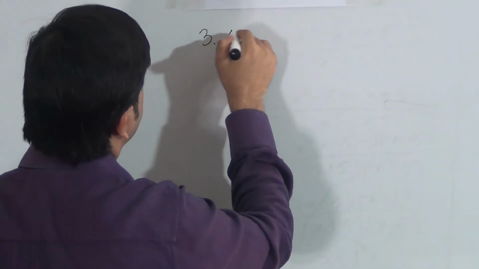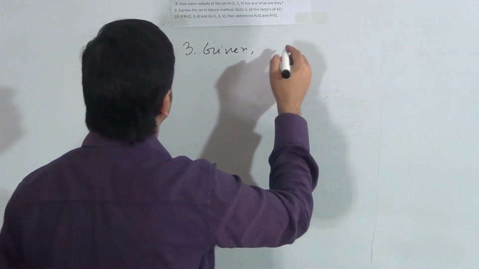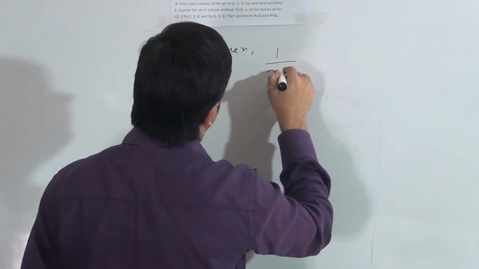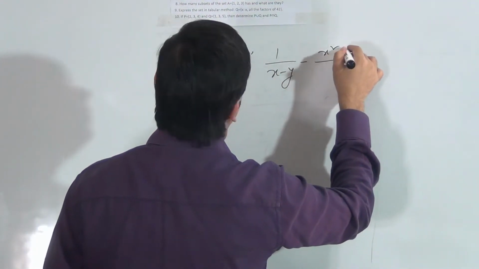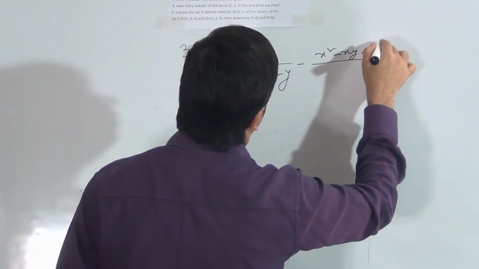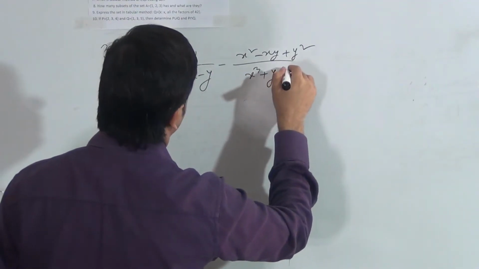We have to determine the value of this, so we can write here 1 by x minus y minus, here is x square minus xy plus y square divided by x cube plus y cube.